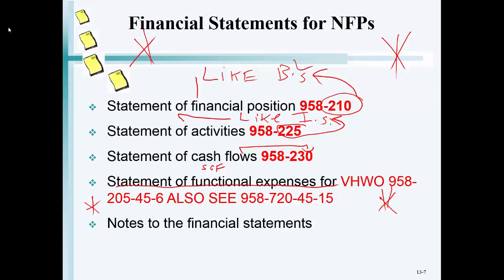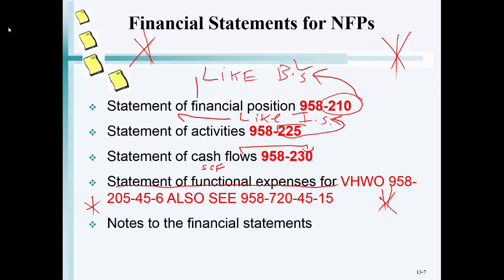Okay, I've already mentioned statement of cash flows is what? Overall, for all entities, 230. Since we're dealing with a not-for-profit, we can look up specific not-for-profit information about the statement of cash flows in 958. And the statement of cash flows is like the statement of cash flows, right? It even has the same name as the commercial statement of cash flows.